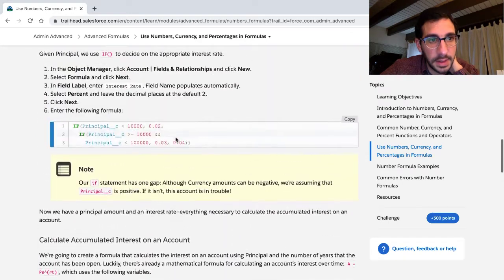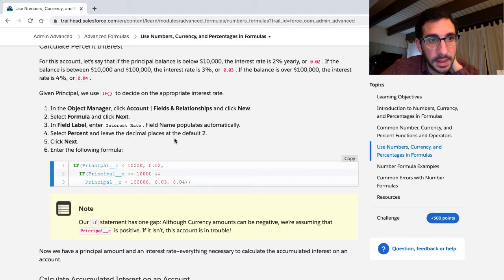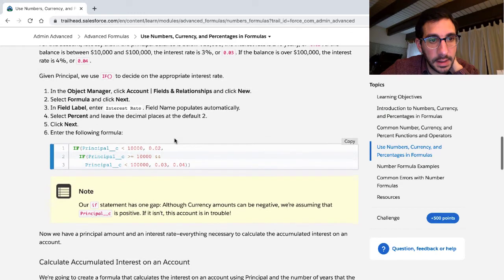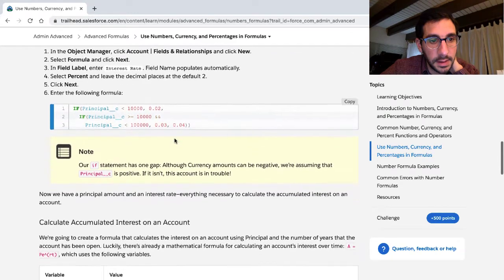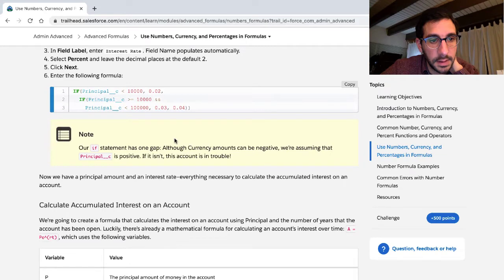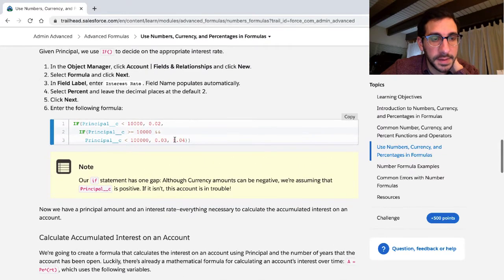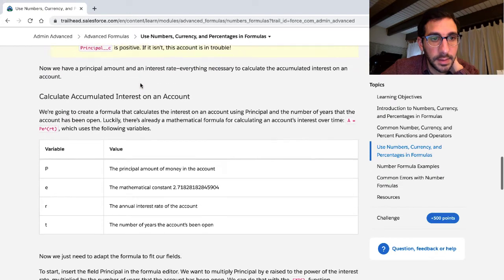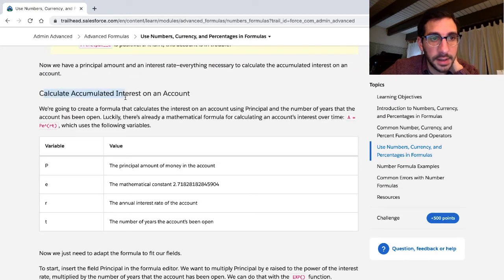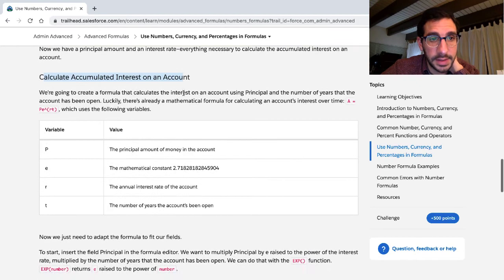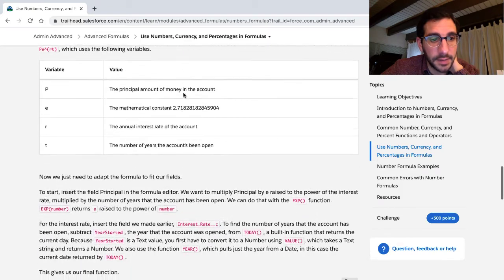So, did I... I am totally confused, because this seemed to be the formula that got it added onto the interest rate. But there were never instructions here that said create an accumulated interest field on an account.